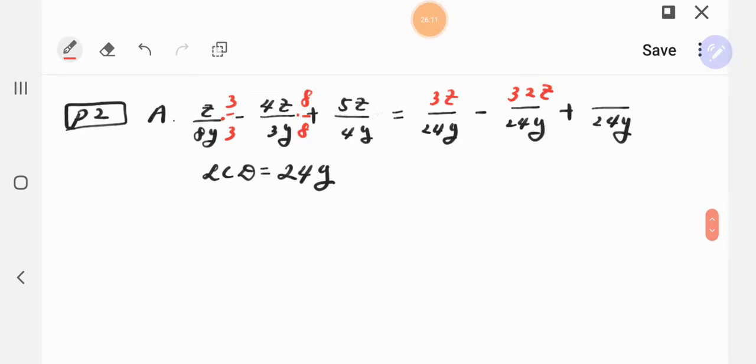Okay, how about the last one? 4 times what is 24? 6. So multiply the numerator by 6. 5 times 6 is 30z.